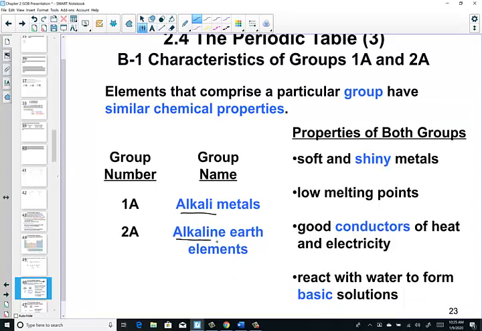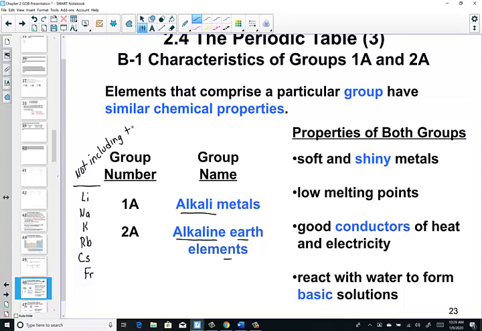They're called the alkaline earth elements. Group 1A consists of those metals, lithium, sodium, potassium, rubidium, cesium, and the very rare element called francium. Notice I am not including hydrogen in the elements for metals.